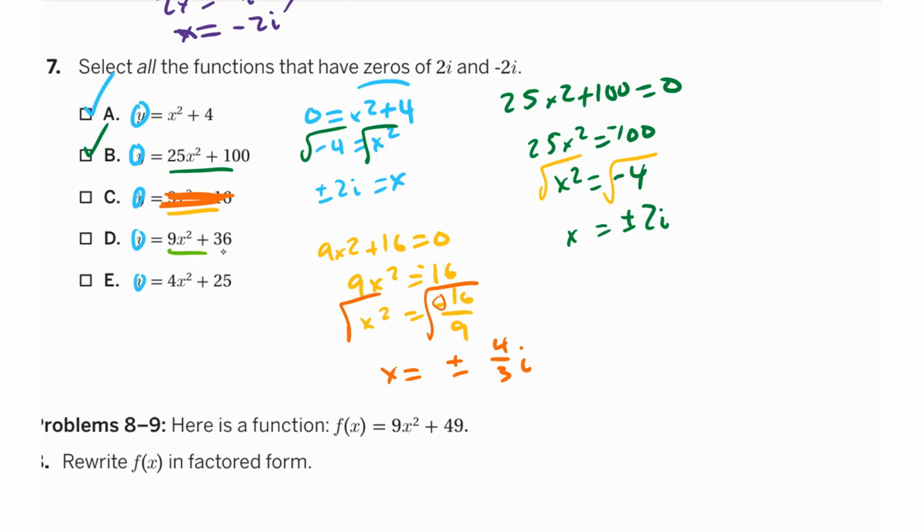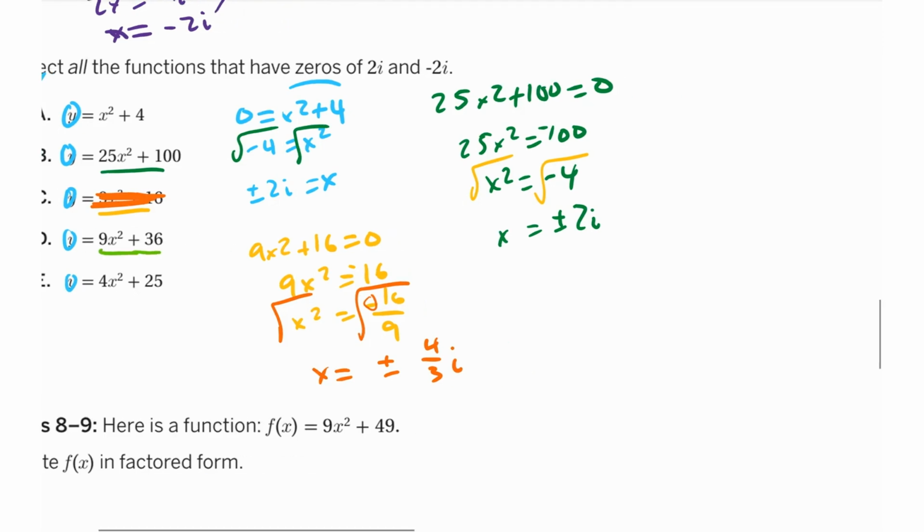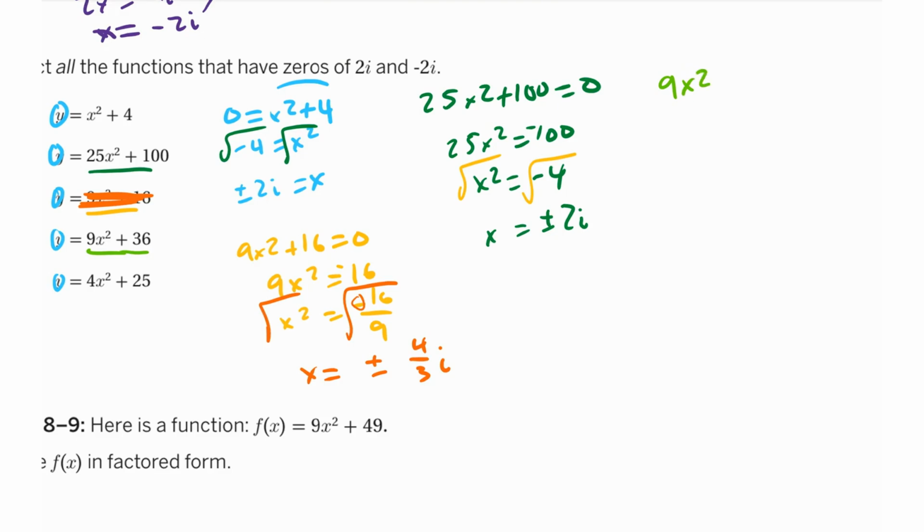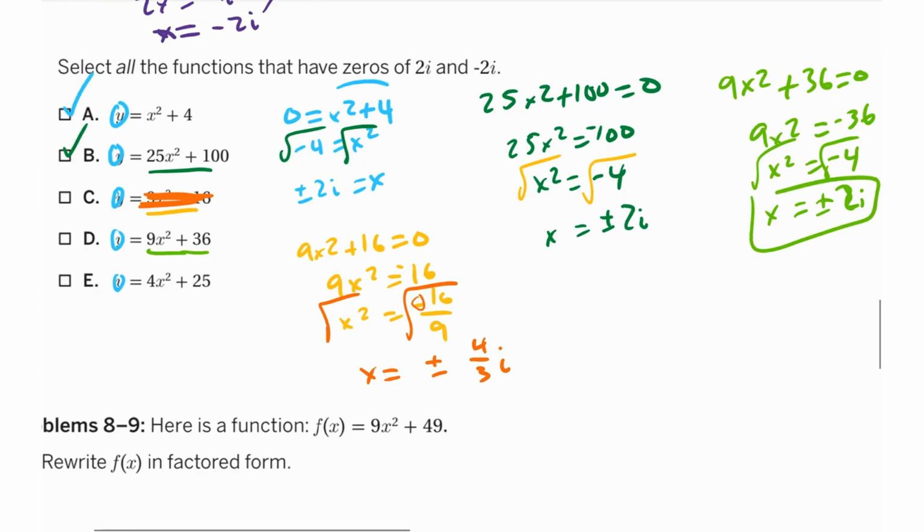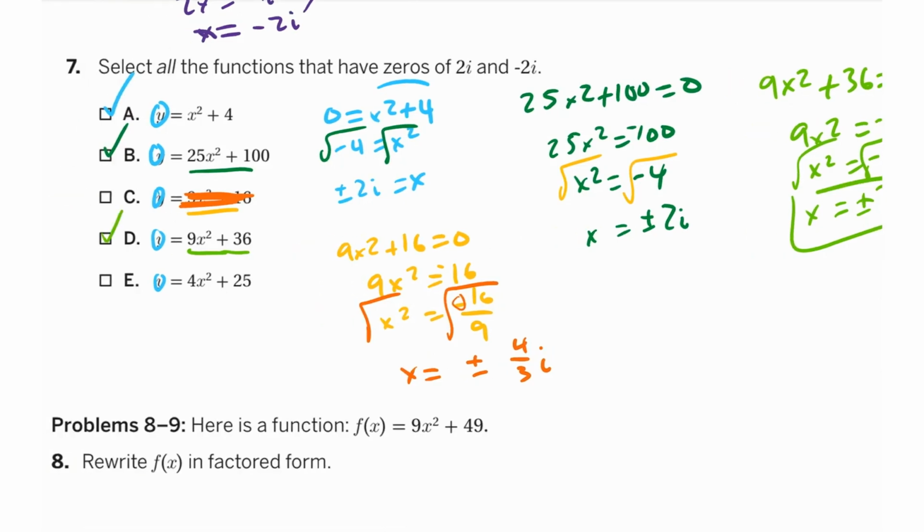Next up, we got D here, which, again, running out of room, sorry about that. 9x squared plus 36 equals 0. Subtract 36 from both sides. Divide by 9. And we see when we take the square root, plus or minus 2i. So D also works.